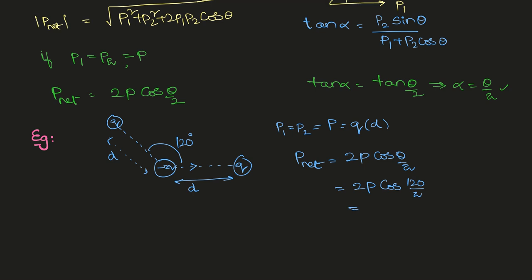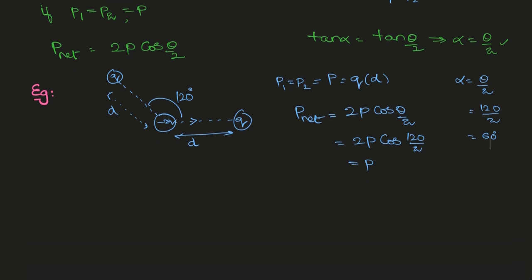Cos 60 is 1 by 2, so it will be P. If they ask for the direction, alpha is equal to theta by 2, which is 120 by 2, that is 60 degrees. This kind of question we can expect based on this. Sometimes they will define coordinates also, very important.